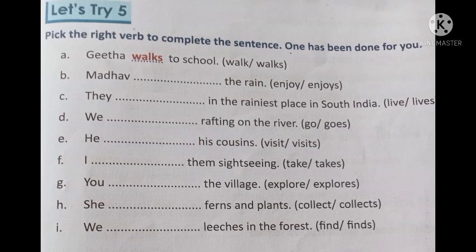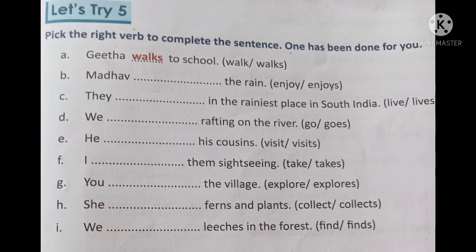The next one is we dash rafting on the river. Now cross check your table. We is a plural one. Okay, so we will use the verb without es form.